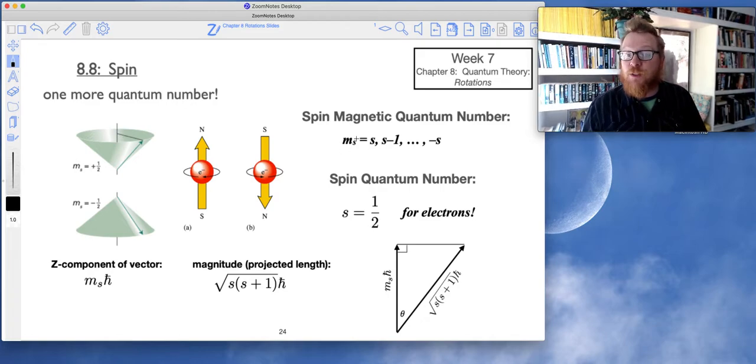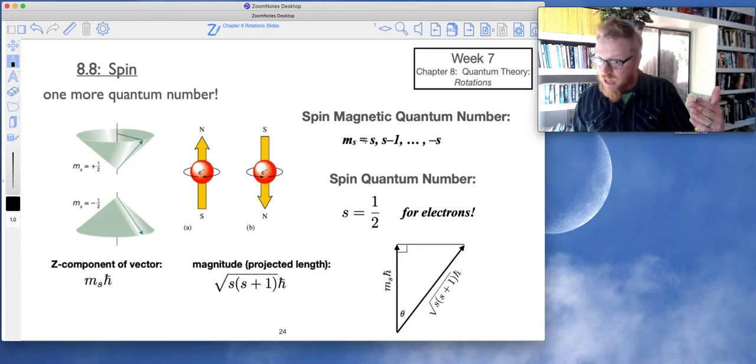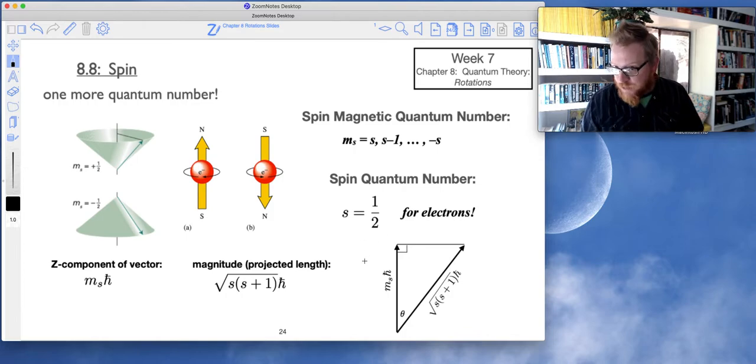We can come up with spin quantum numbers for other particles as well, like photons or neutrons or protons, and they have different values of s. s equals 1/2 for electrons. And because ms takes on all values from s down to negative s, this means for an electron, ms can be plus or minus 1/2, okay?